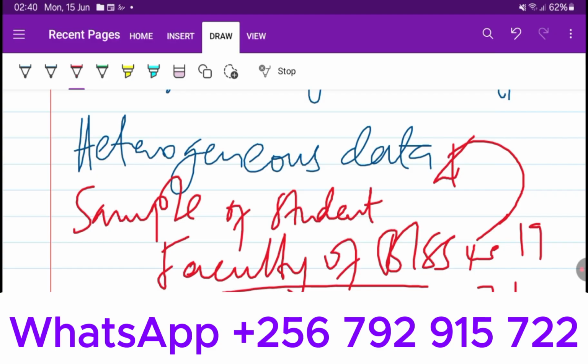Now, the moment you apply statistical methods on data that is not similar, you are going to get wrong results. So it is always preferable that you apply these statistical methods on homogeneous data, or data that is uniform in terms of the characteristics.